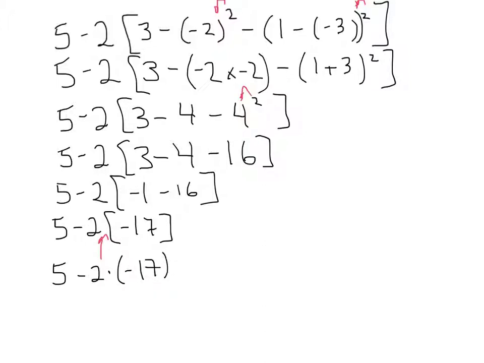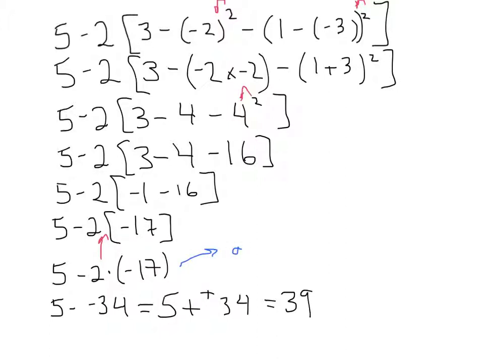And that will remind us that we're doing a multiplication. 5 minus 2 times negative 17, order of operations says to do the multiplication first. So that means it's 5 minus positive 2 times negative 17 is negative 34. 5 minus negative 34 is the same as 5 plus the opposite of that, which is positive 34, which gives us 39.